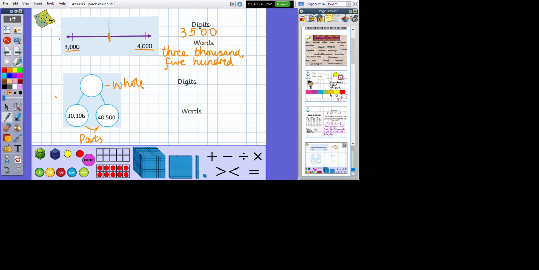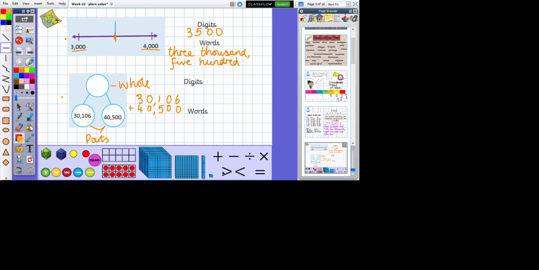So I'm going to do 30,106, add 40,500. Okay, so I need to underline with a ruler. Oh, not sure why my line is in white. So then I'm going to add them quickly.